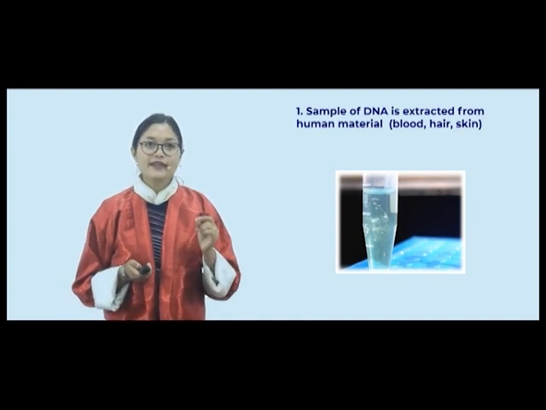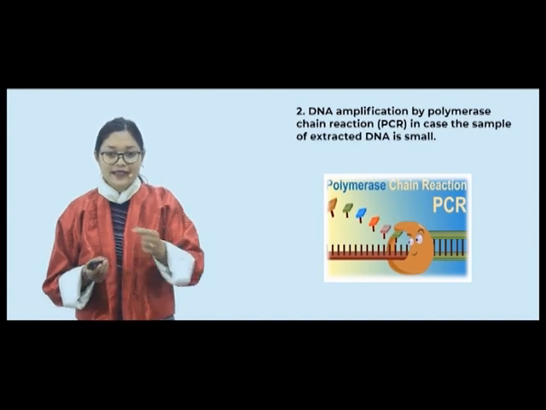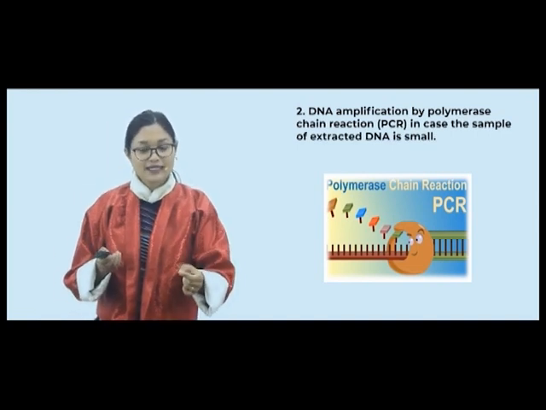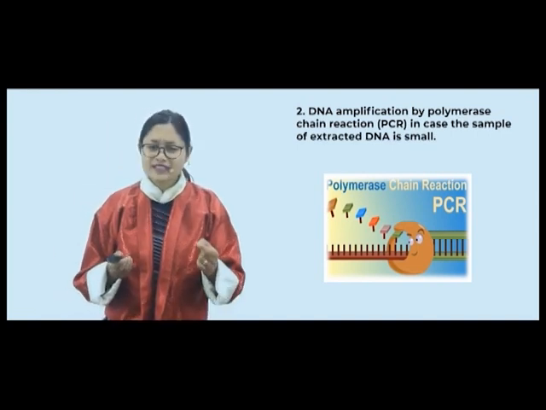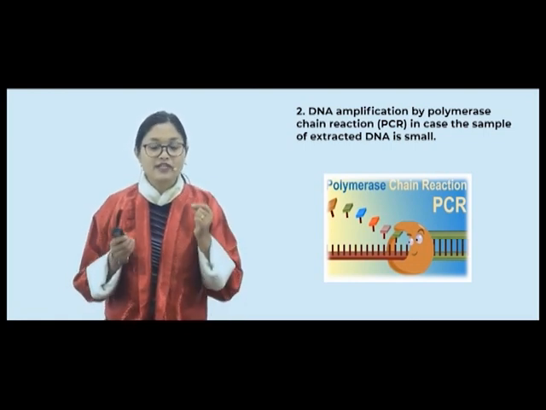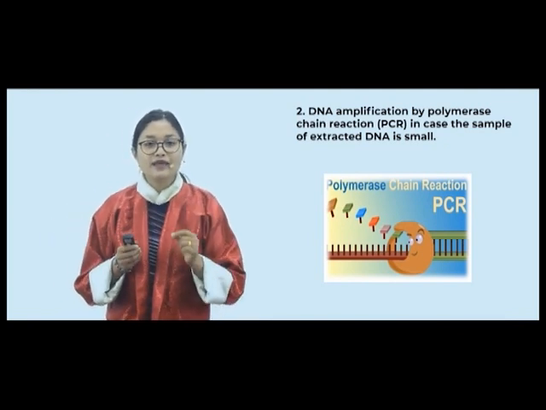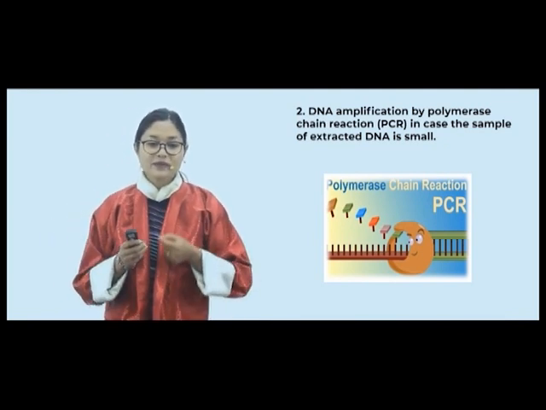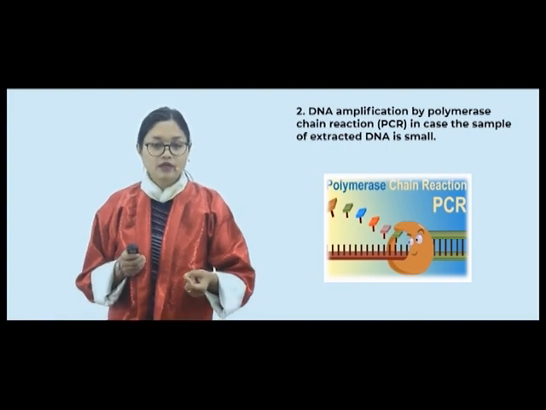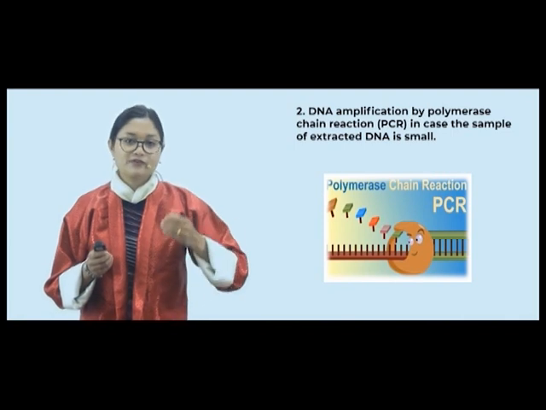And in the second step, after extracting that piece of DNA, we have to see what it is like. Is it very small, negligible in size, or is it bigger? In case the extracted DNA is very, very small, then we amplify. We make the piece of DNA a little bit larger so that it becomes possible for us to carry out the process further.